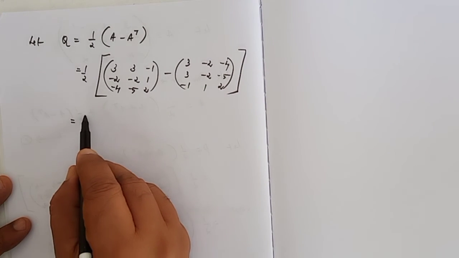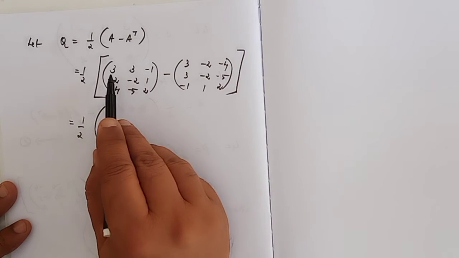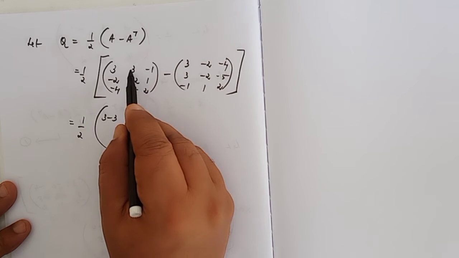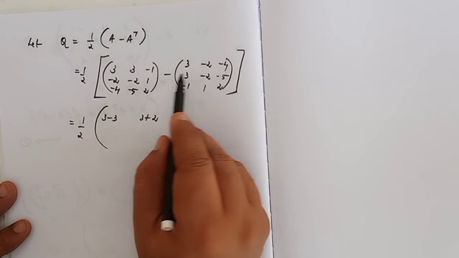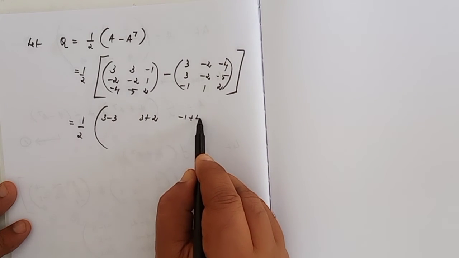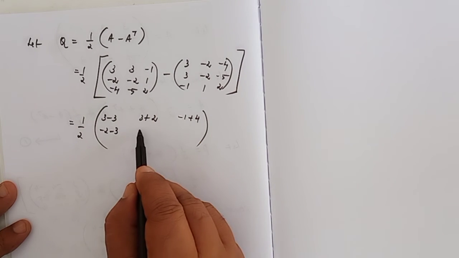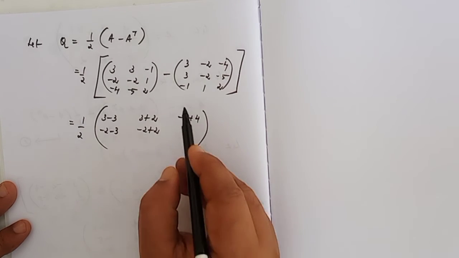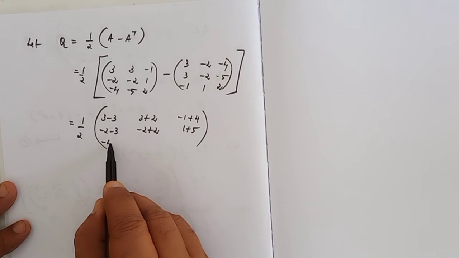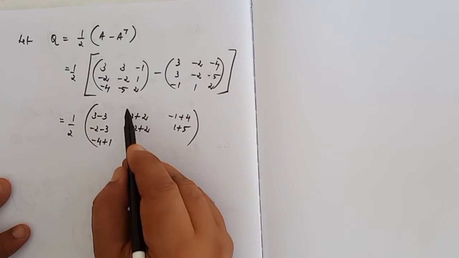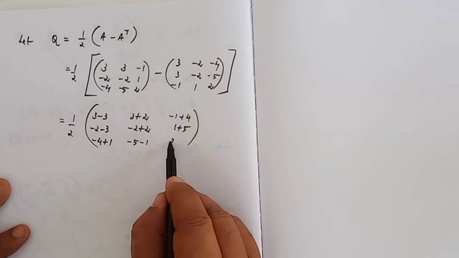That is equal to half into, since we have minus sign, the corresponding elements to be subtracted: 3 minus 3, 3 minus into minus plus 2, that is 3 plus 2, minus 1 minus into minus plus 4, minus 1 plus 4, minus 2 minus 3, minus 2 minus 2 minus into minus plus 2, minus 2 plus 2, 1 plus 5, minus 4 plus 1, minus 5 minus 1, 2 minus 2.